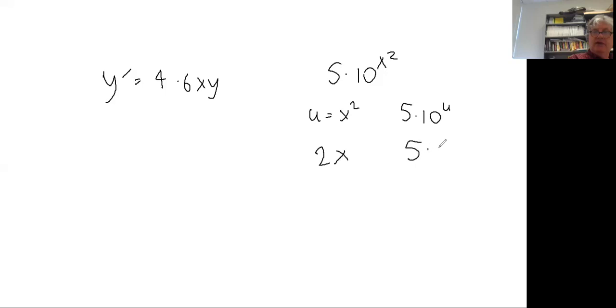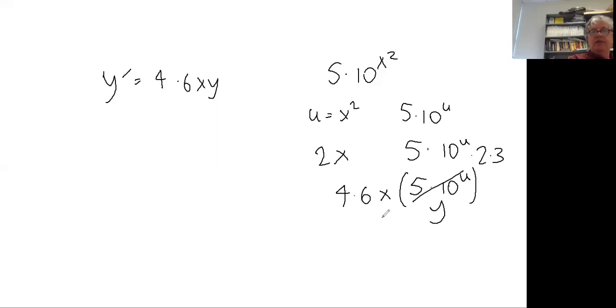The derivative here is 5 times 10 to the u times 2.3. Multiply these things together. We get 4.6x times 5 times 10 to the u. So that's exactly y. So it satisfies the equation. And when x equals 0, the thing is 5.